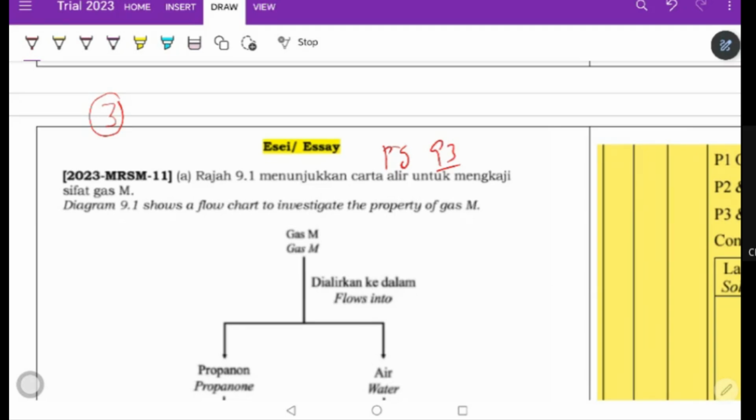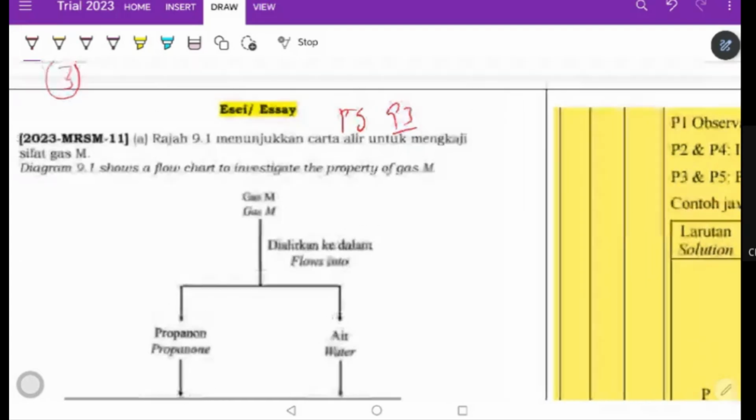Another thing I want to remind you is after you done your essay, you staple together with your question paper. Understand? I don't want your essay to be split from the question. I want them to be together. So class monitor, you remind them again.